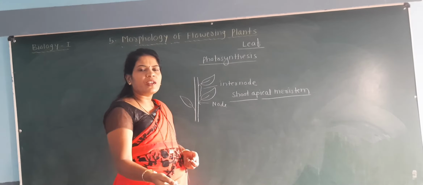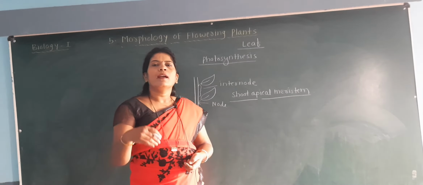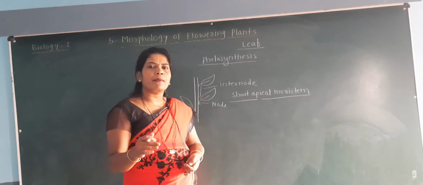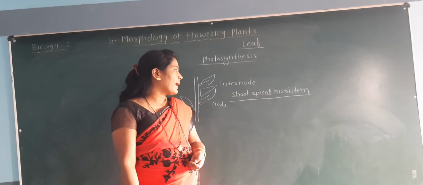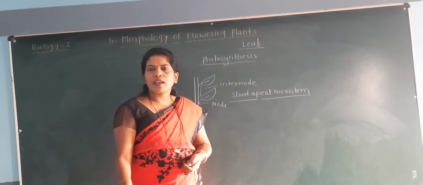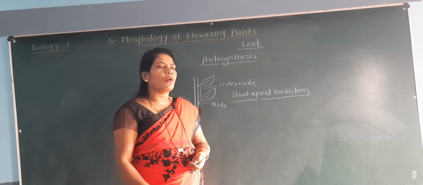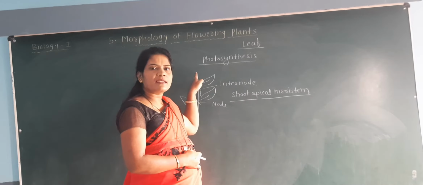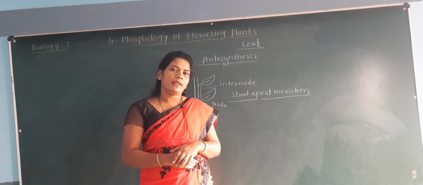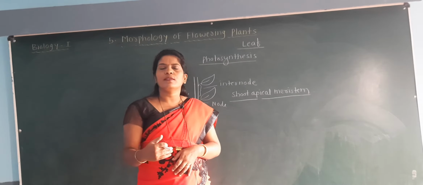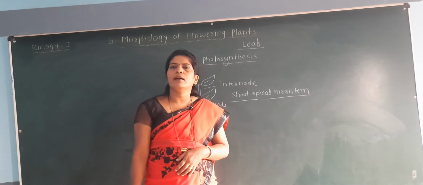In the chapter Anatomy of Flowering Plant, we will discuss what is meant by apical meristem, intercalary meristem, lateral meristem, but here only remember that shoot means the stem part and its branches. So on the apex of the stem, on the tip of the stem, there are some meristem that we call a shoot apical meristem, and these leaves on the stem develop from this shoot apical meristem.